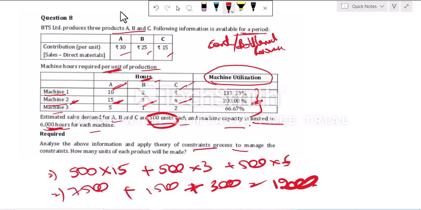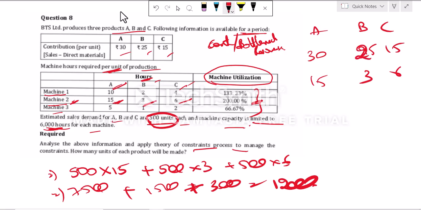So we have to choose among the products the one which gives more yield. So calculate contribution per bottleneck resource. So for A, B, C, what is the contribution? 30, 25 and 15, and the hours are 15, 3 and 6.